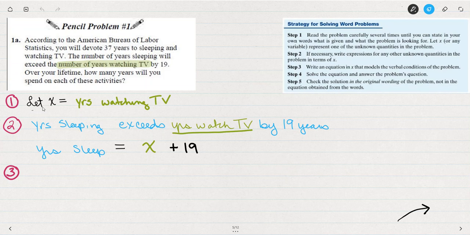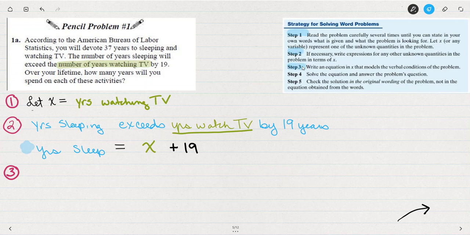And by the way, in your homework log, when you do a few practice problems, you should follow this list of steps each time. If the years sleeping exceeds the years watching TV, then the years sleeping is the number of years watching TV, x, plus 19. That was step 1 and step 2.